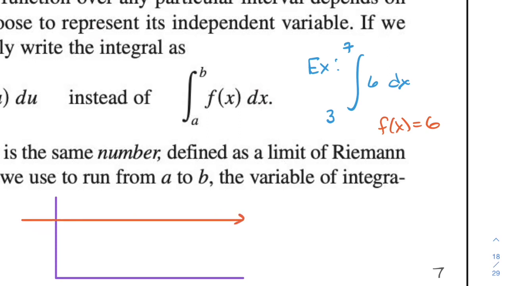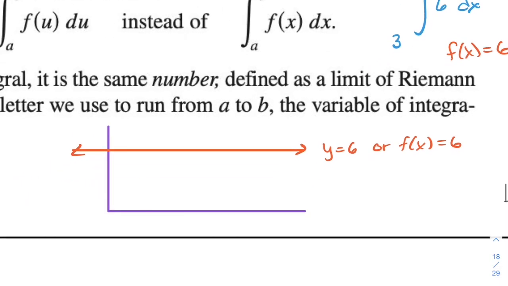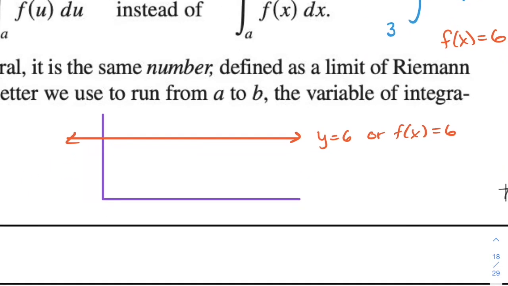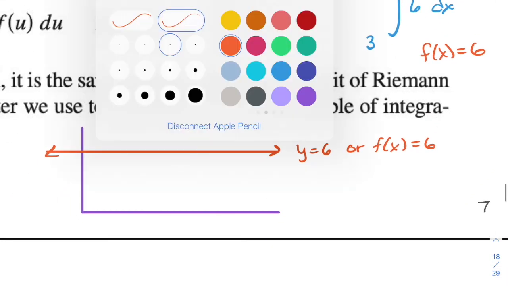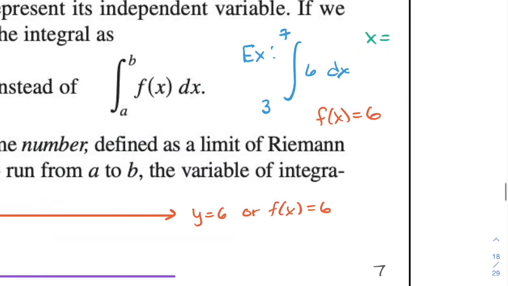Okay, I'm going to graph it. y equals 6, or you could say f of x equals 6. That's your function. Okay. And now we're going to go between 3 and 7. So what we're saying is that x equals 3 and x equals 7.